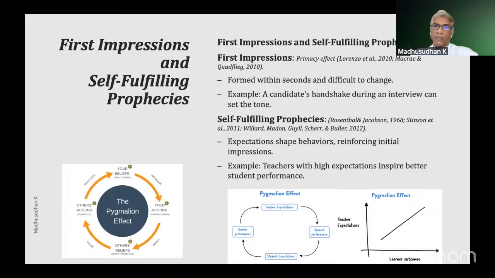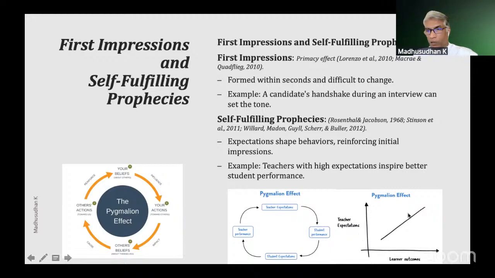For example, a teacher with high expectations inspires better student performance. The teacher thinks, this child is studying well, let me say shabashi. Then whenever she says very good, immediately the student sees that he gets more good, studies well. You can see based on this chart that teacher expectations are high.